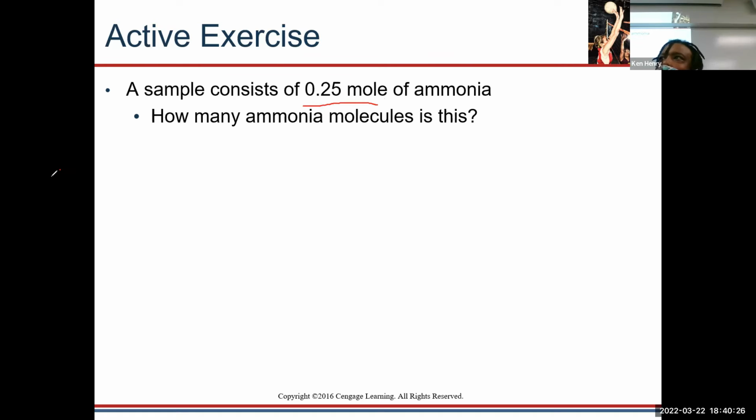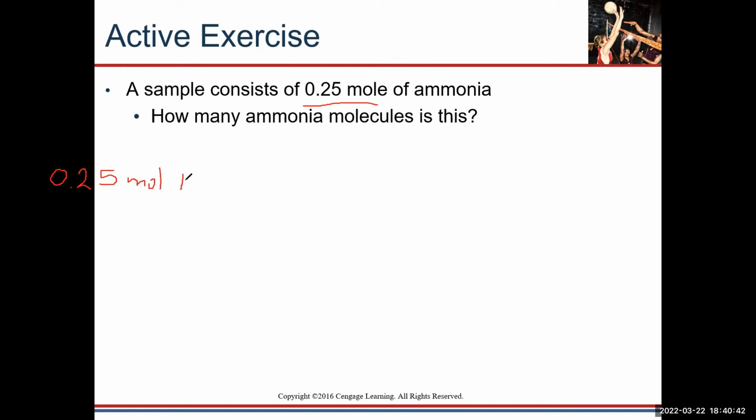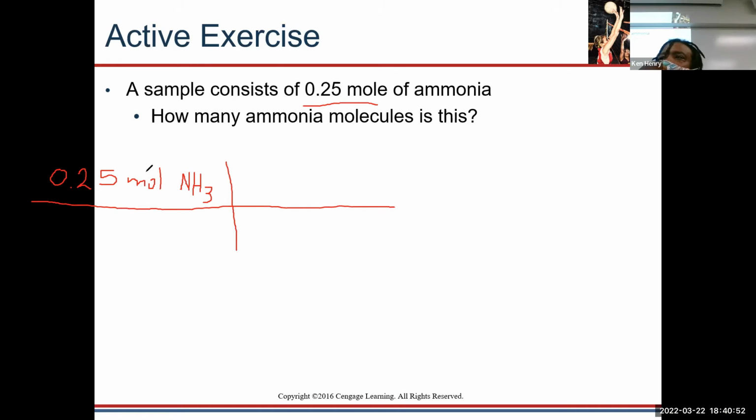Okay, so here we have 0.25 moles of ammonia. What is the chemical symbol for ammonia? NH3. That's right. Moles are on top. I want to get rid of moles and I want molecules.